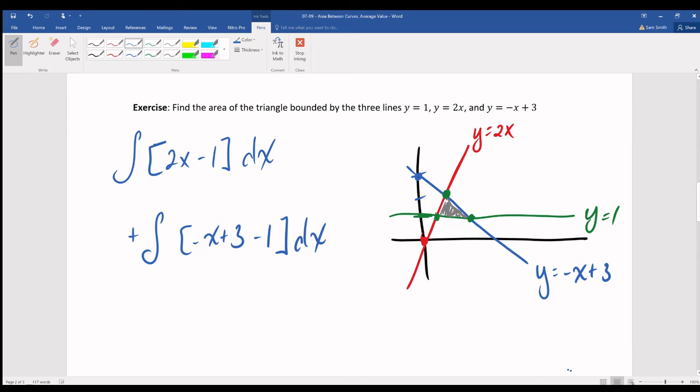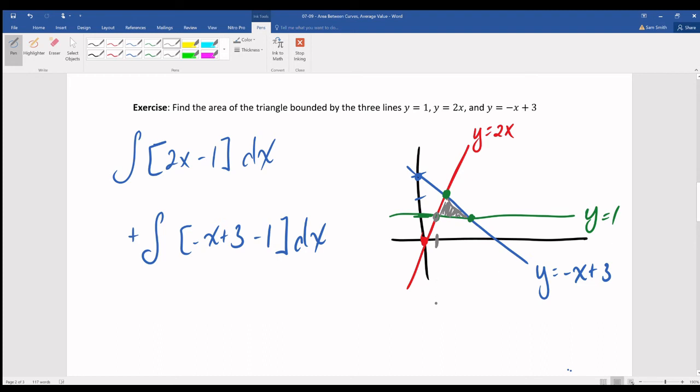So let's now try and find the values of x that I could use to fill in these limits of integration appropriately. Now the region begins at this point of intersection between y equals 2x and the green line y equals 1.